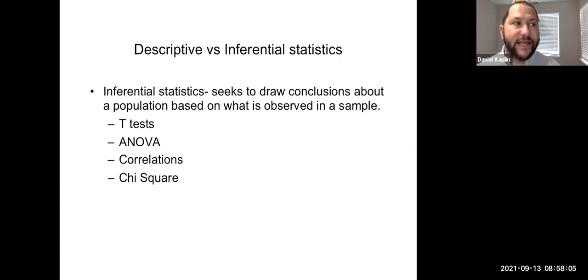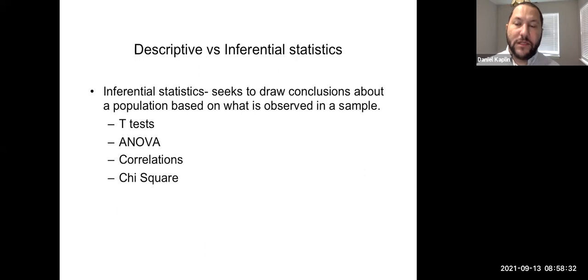And if so, we say that our study had an impact, right? Or there were significant differences or a significant relationship, depending on the test. But we need inferential statistics to draw those conclusions. Otherwise, we won't know if the numbers we have are meaningfully different from one another.